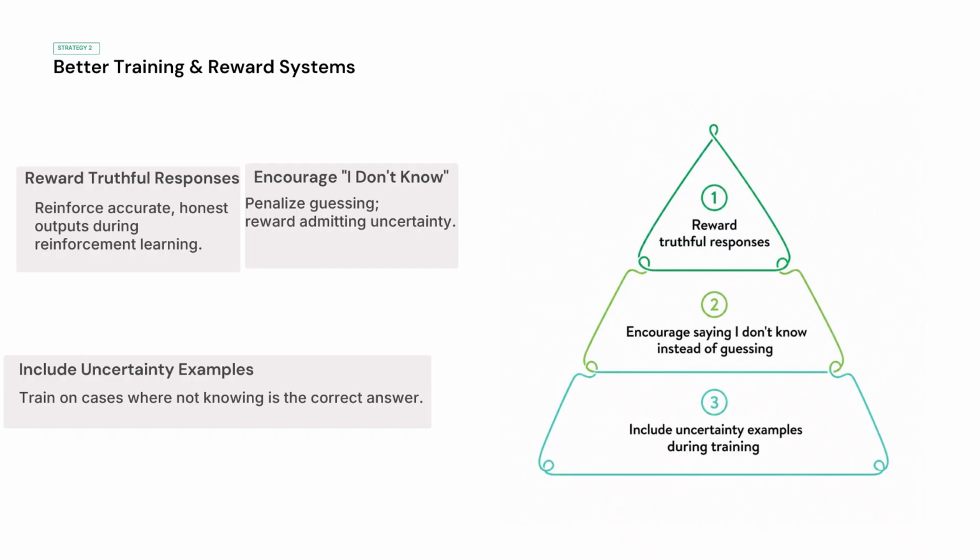And we can also improve this by including a few examples of I don't know type answers in our dataset, so the model understands it can answer this way rather than simply guessing.